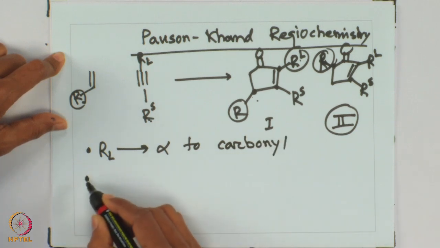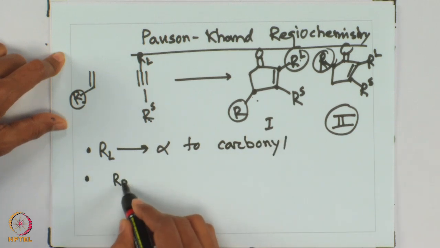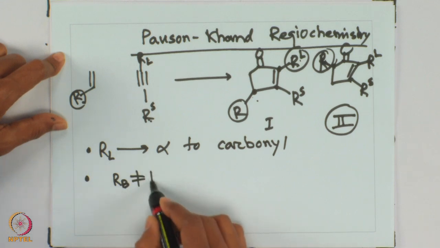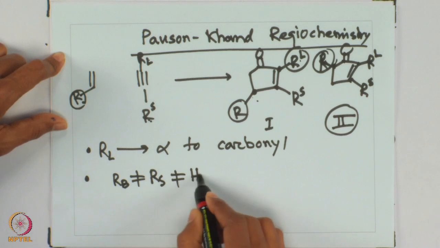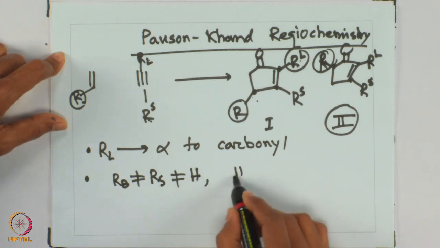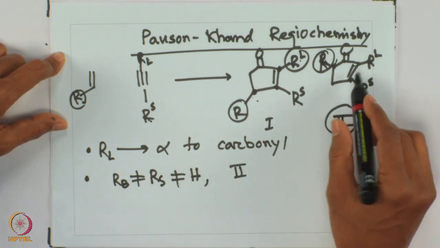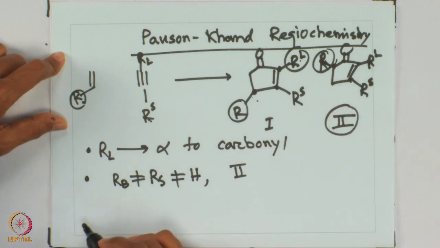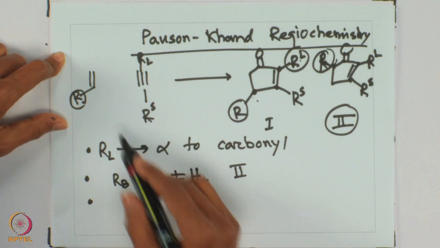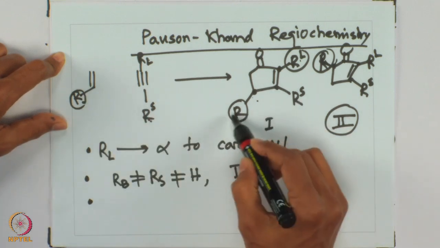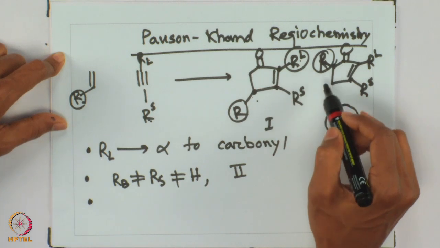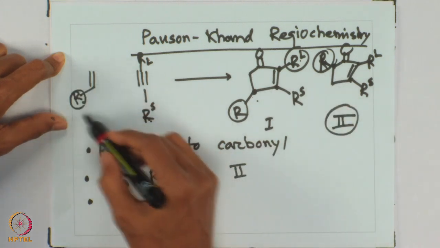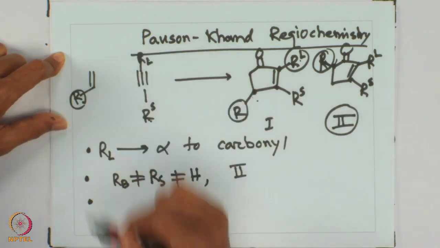The second fact would be if R_L is not equal to R_S, and neither is H, then we get 2 as the product, the second product we always get. Whether the R of the alkene is at the far position or close to the carbonyl will depend on the alkene as well as the alkyne.